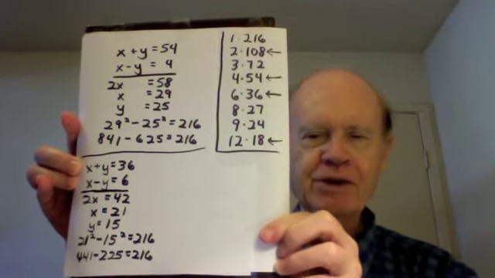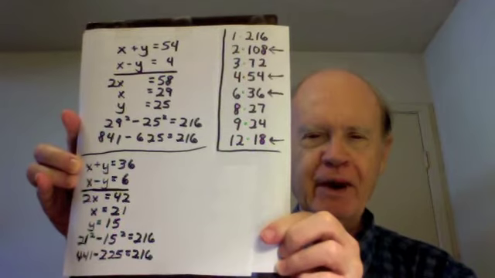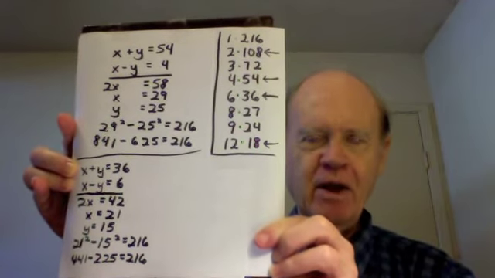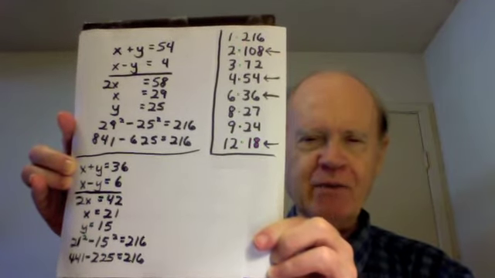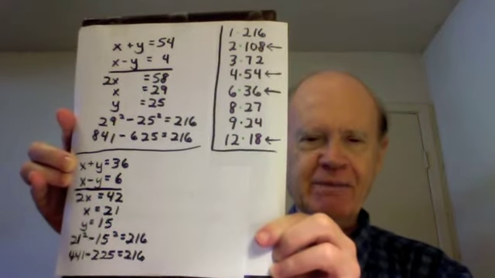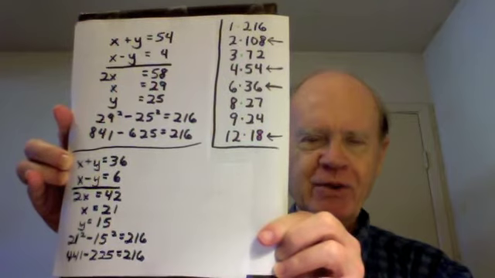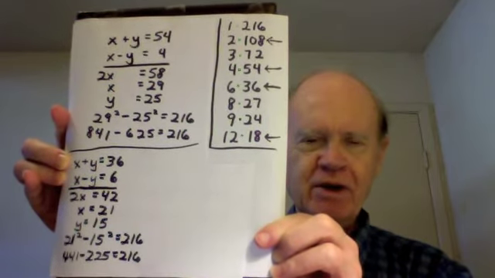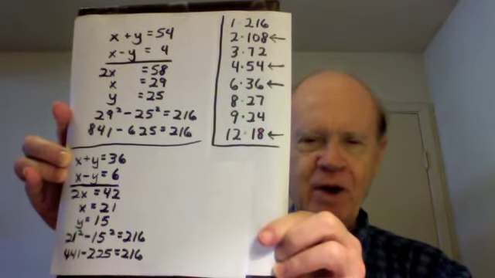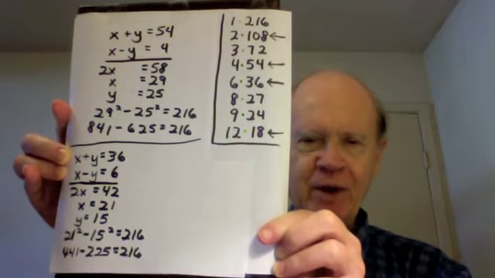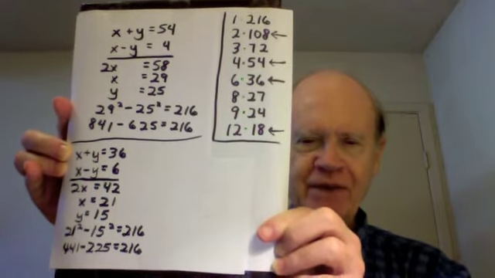For a third solution, I take the third pair of factors indicated by an arrow. I write x plus y equals 36, x minus y equals 6. Adding the two equations, 2x equals 42, dividing by 2, x equals 21, substituting that in one of the original equations, y equals 15.